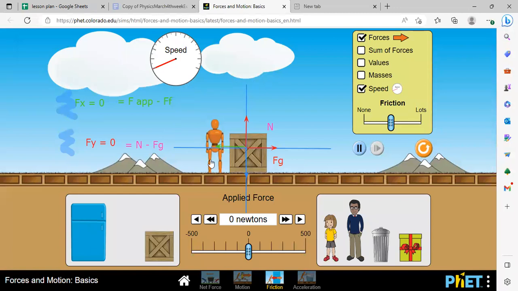So, from this, you can see that meron kang dalawang forces along x, dalawang forces along y. Okay? So, if this is zero, we can simplify this as equal to force applied.